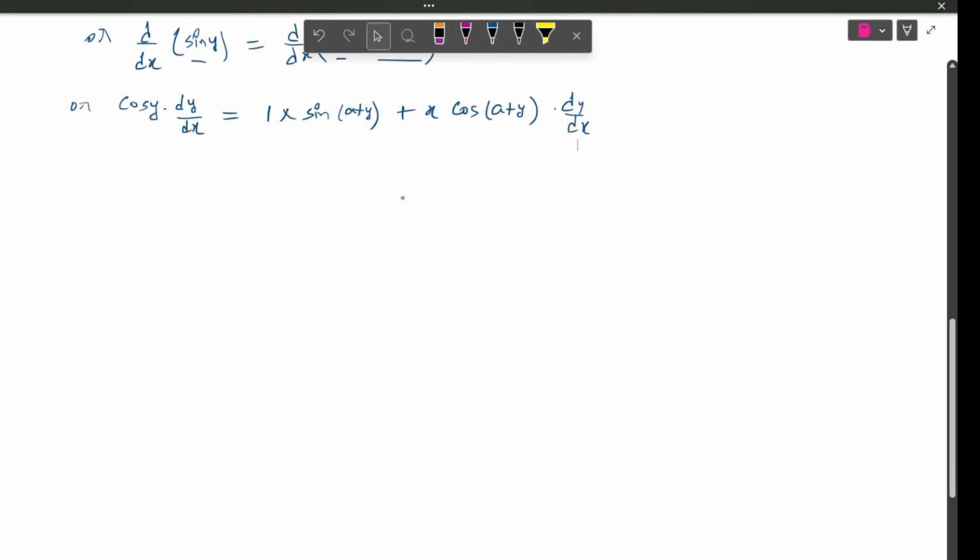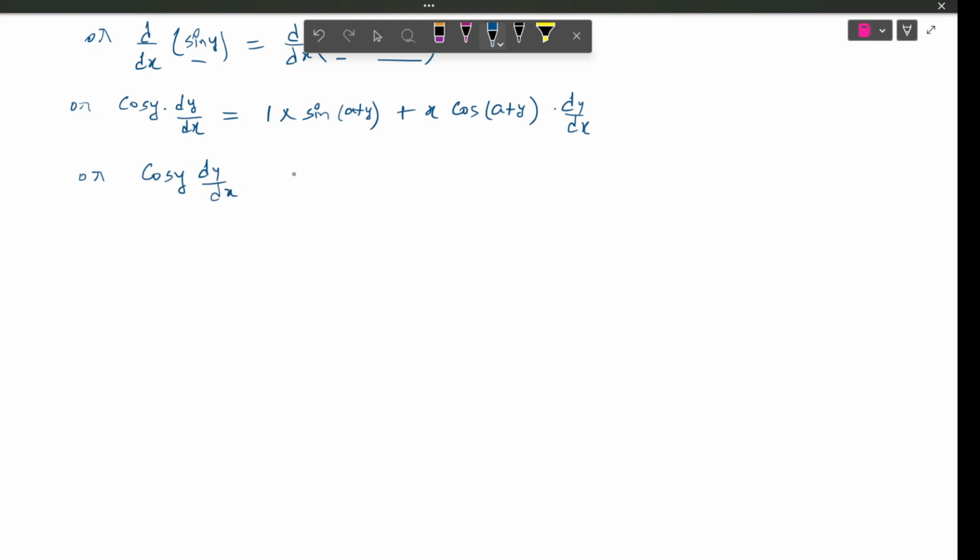Okay, now let us rearrange the term. It should be cos of y into dy by dx minus x cos of a plus y into dy by dx equals to sin of a plus y.